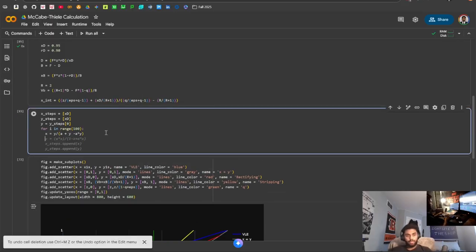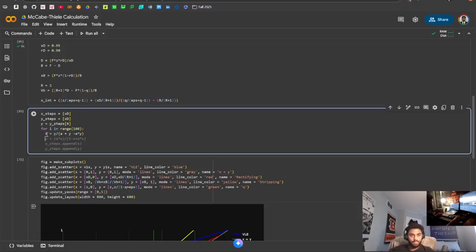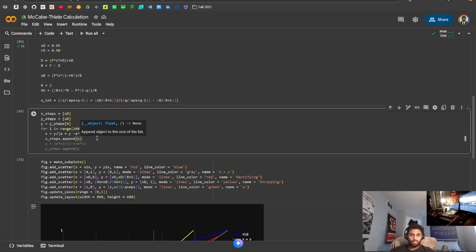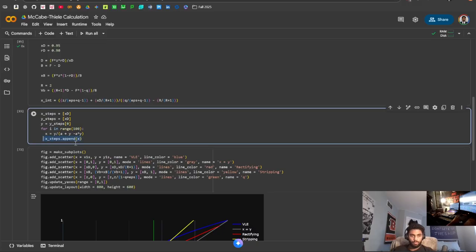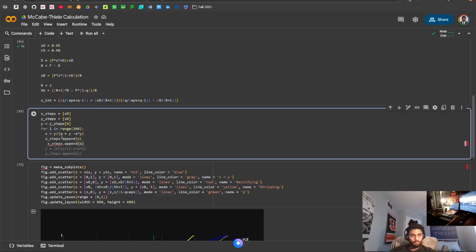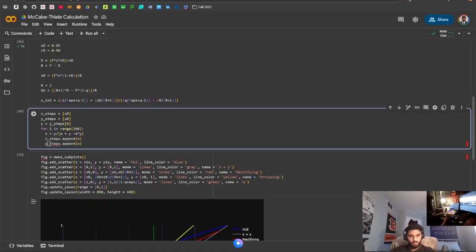Essentially what we're going to end up doing is append this x value into our list, so it's going to be x steps dot append, and we're going to append each x value, and then do the same for the y value. And then we're going to append the y there.